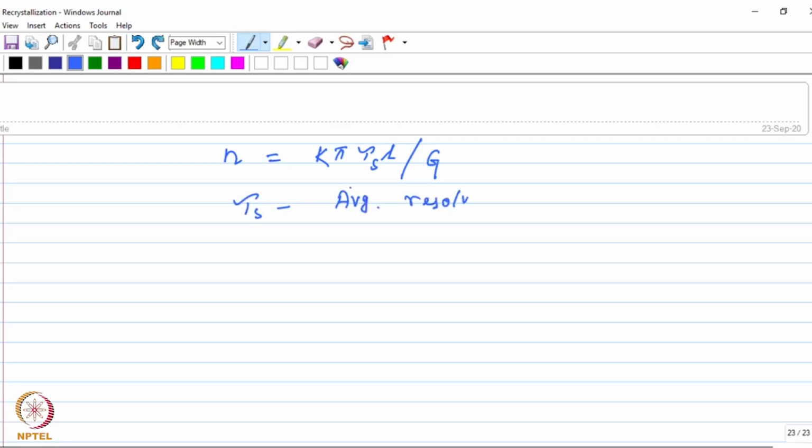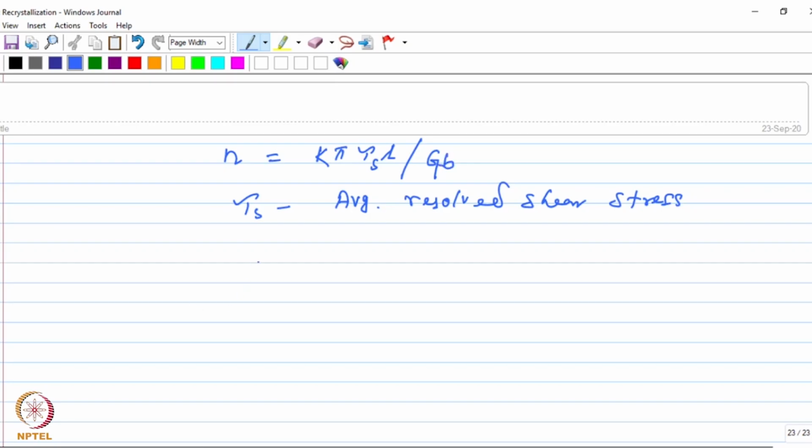Tau s is the average resolved shear stress for moving the dislocations, right? And the other parameters are already known. G is the shear modulus, L is the length of the pile-up, and b is the Burgers vector.